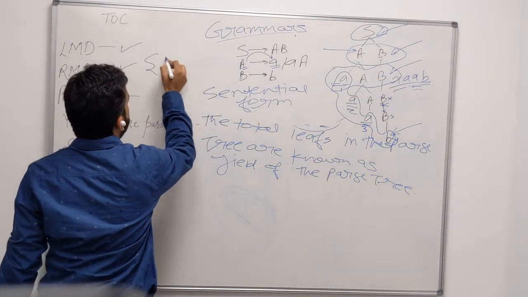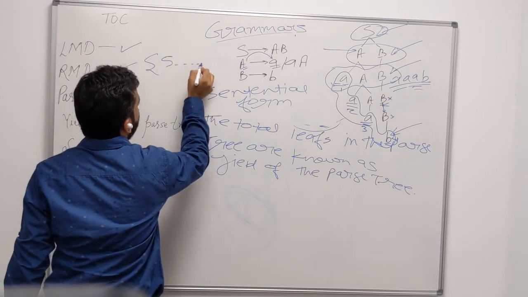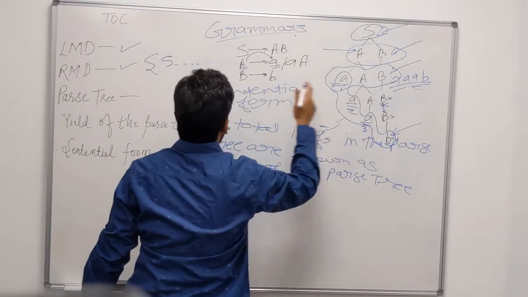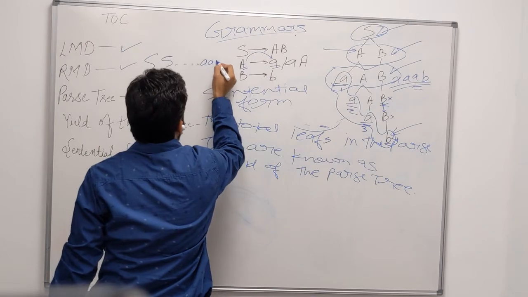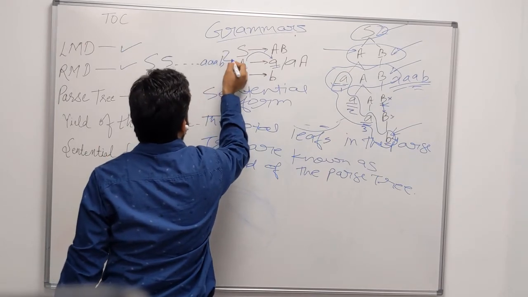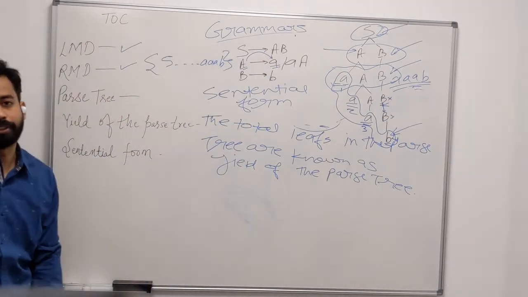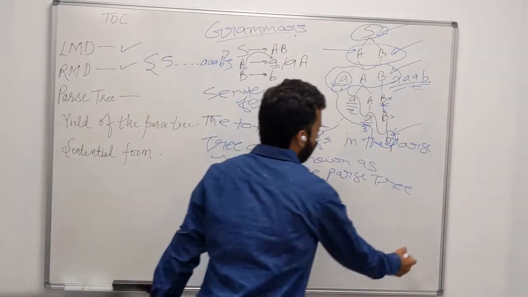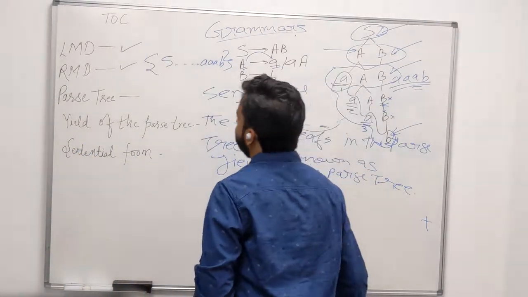So from capital S to the string that you have derived, all these are known as sentential forms of the parse tree. Okay, so let us proceed further.